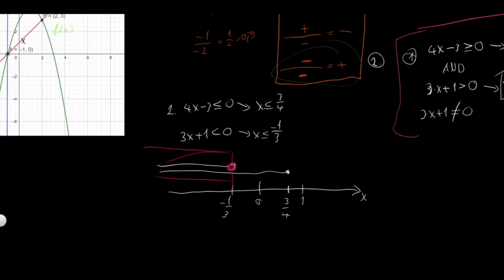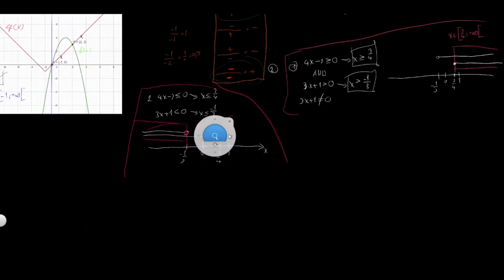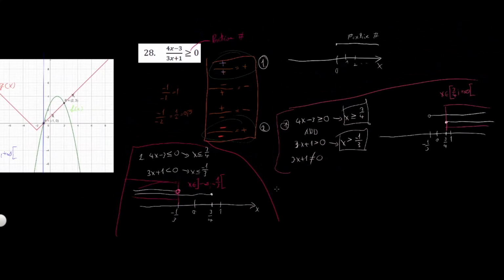Remember that we have an empty hollow circle instead of a solid circle here. So the solutions in the second example are everything from negative infinity to negative 1/3, with negative 1/3 open, because that is hollow or empty. So these are the two solutions.